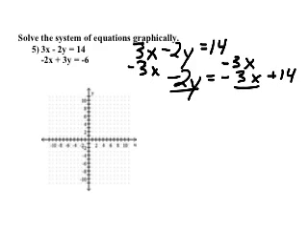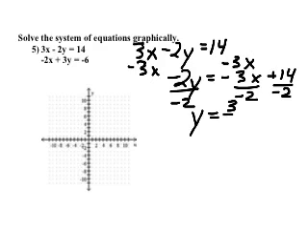Divide by negative 2. We get y equals, now negative 3 divided by negative 2 is a positive 3/2. So we'll just put 3/2 x, and then 14 divided by negative 2 is a negative 7. Okay, we've got our first equation.